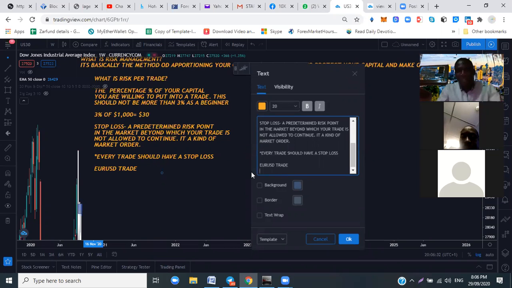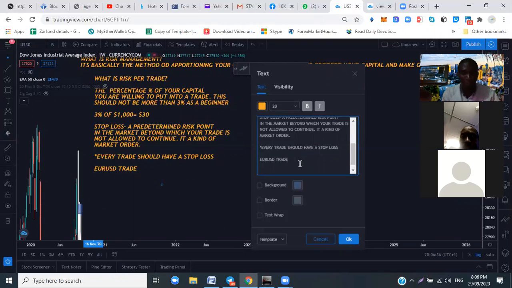All right, but let's take, for example, that your stop loss on this Euro USD trade is 30 pips. You have determined that your stop loss is 30 pips. All right? So this is your stop loss.